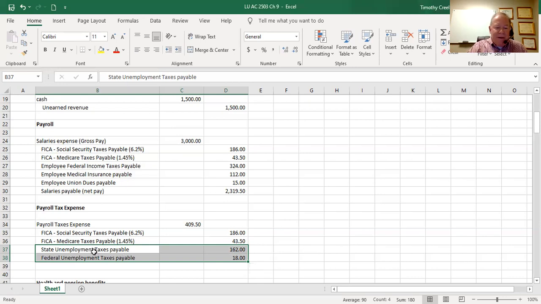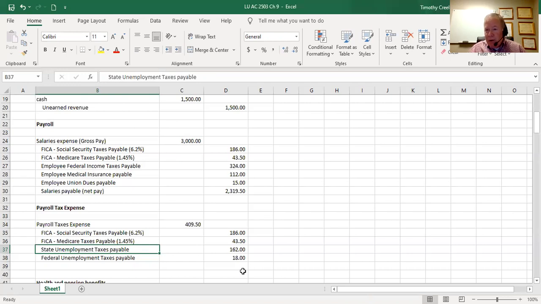Typically, companies have to pay 5.4% of the first 7,000 that all their employees earn to the state, and then they have to pay 0.6% of the first 7,000 that their employees earn to the federal government for overseeing the program. So typically you'll see state unemployment taxes payable and federal unemployment taxes payable. Another name for these are SUTA and FUTA, just some names you'll tend to see used with these.